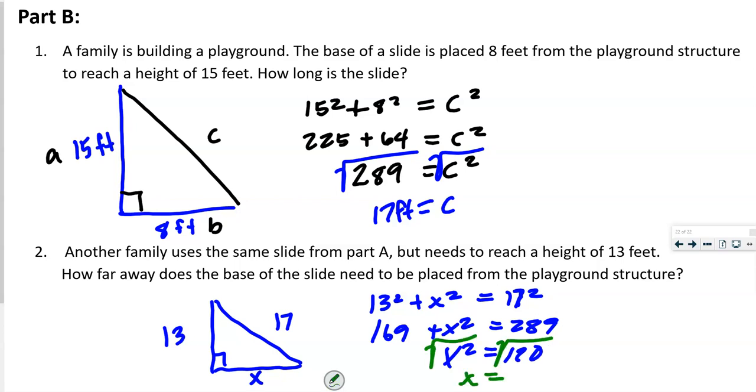So x is going to be equal to 10.95, so it says round, how far does the base need to be put? So let's just say it's basically 11 feet, y'all. Okay, because it's 10.95.